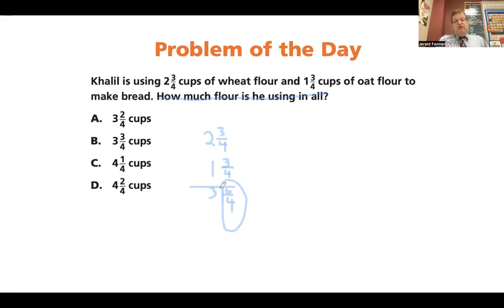And 6/4, if you took 4/4 away from 6/4, that would give you 1 2/4, plus the 3 that is over there already, which would give you the answer of 4 2/4, which is letter D.